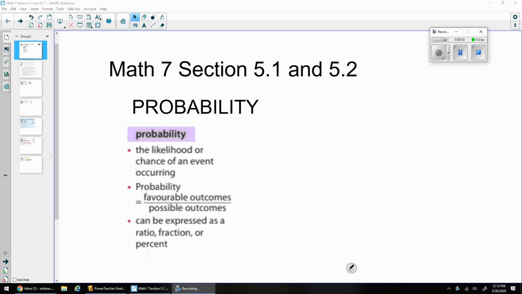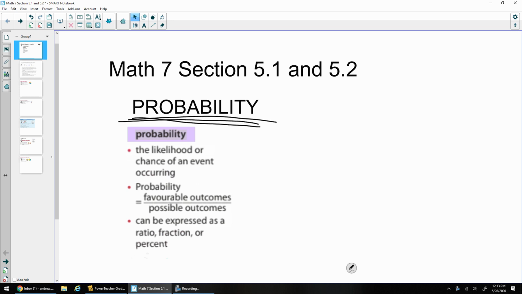Hey, grade sevens, we are starting our next unit on probability, which is one of my favorite units. Probability is super interesting, and you can look at some pretty astounding things that we see happen. With probability, we're looking at any event and asking, what are the chances that it happens?